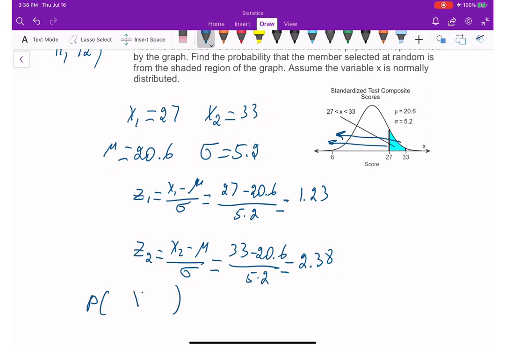So x is greater than 27, less than 33. It's going to be equal probability of Z1 less... let me see, this doesn't look like 27, hold on, let me redo it.